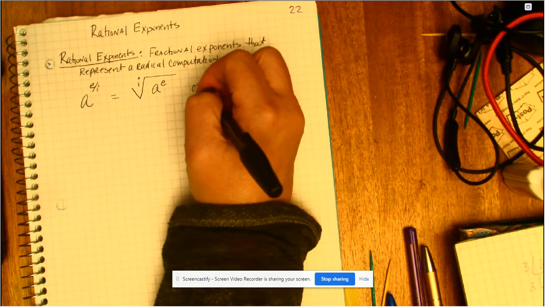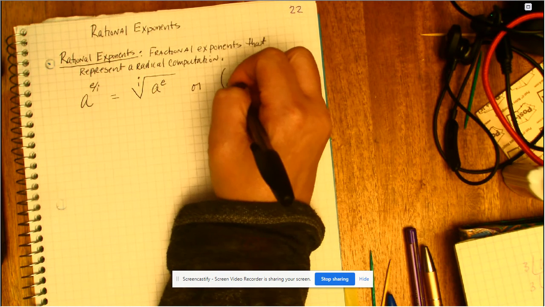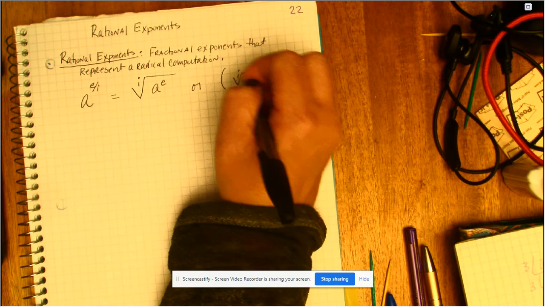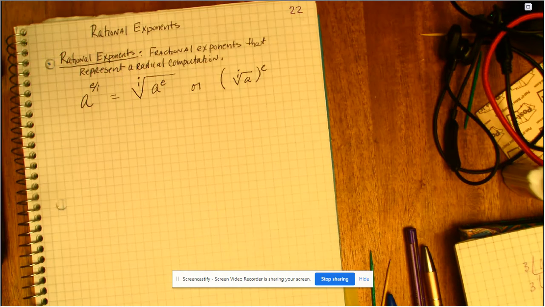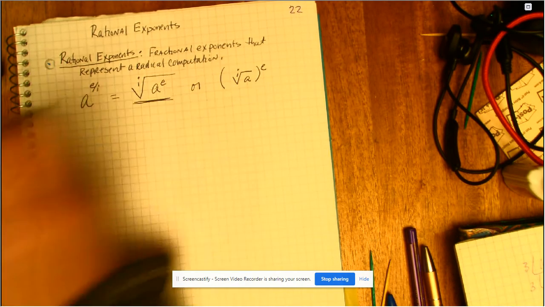Some people like to write this as a to the i, and the whole thing is to the e, using the power to power law. We're going to focus mainly here.